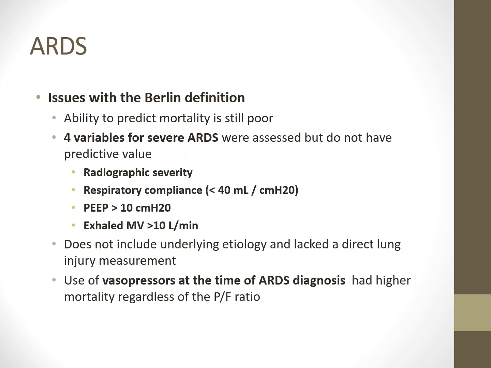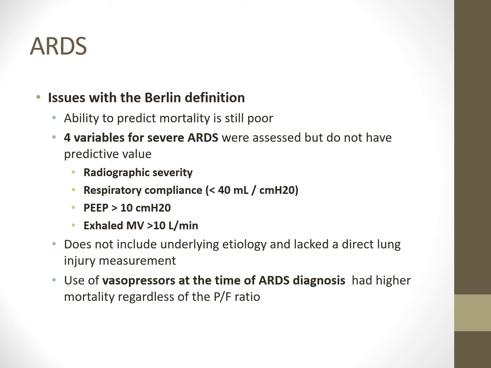So there also were issues with this definition, because the ability to predict mortality is still poor. These 4 different variables for severe ARDS were assessed, but do not really have a predictive value per se.